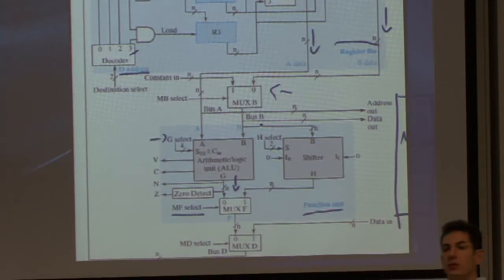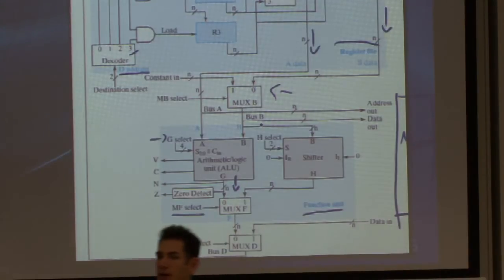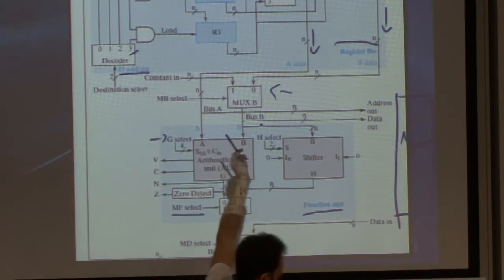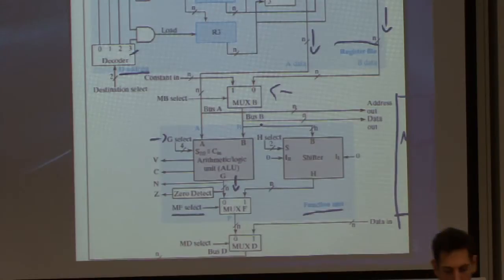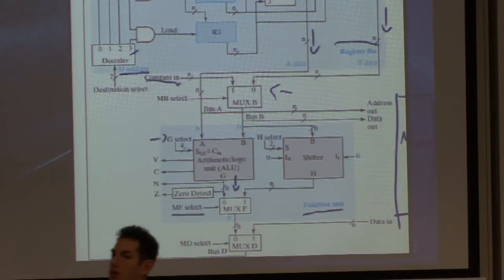And this will be good if I want to say I want to add register R2 plus 100, the constant 100. Well, in that case, I can choose the corresponding register on A. I can put the constant 100 through the constant in line coming from here. And then the multiplexer will choose that I want the constant rather than to read from another register there.